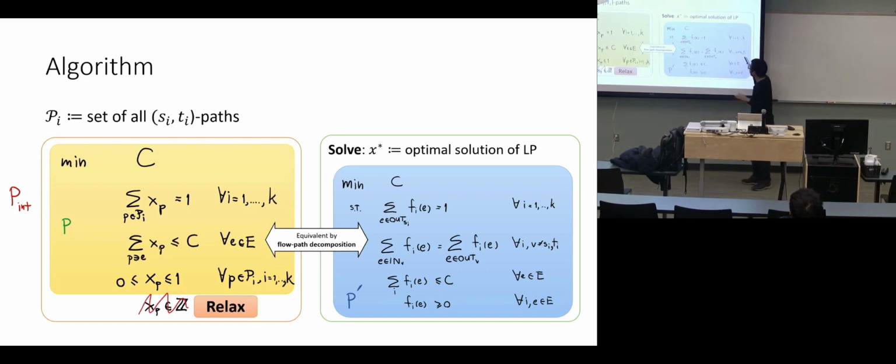And then I have flow conservation on every node which is not Si or Ti. Given this, it means that f_i will be sending 1 unit of flow from Si to Ti, because it goes out of S by 1 unit, so it must go into T by 1 unit.